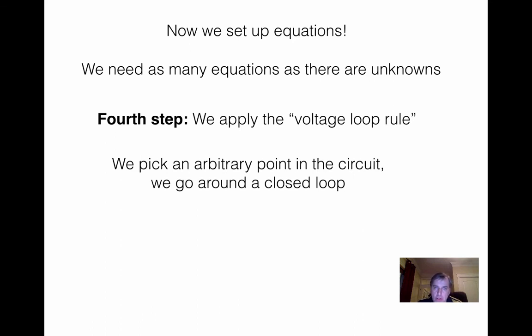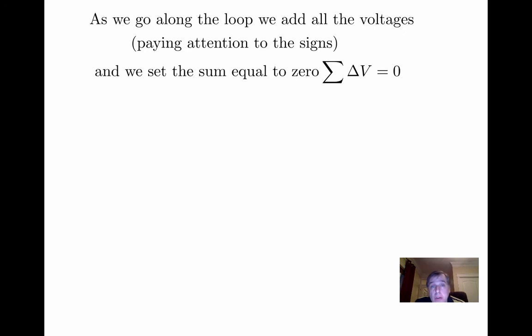First, you take your circuit, you pick any point you want, you start from there, and then you follow a closed loop throughout your circuit. And as you go around the loop, you add all the voltages. The sum must be equal to zero. But you must be careful with the sign.